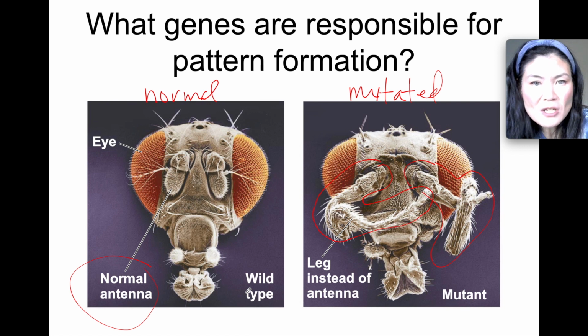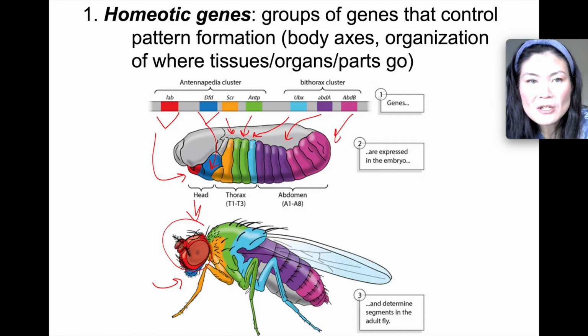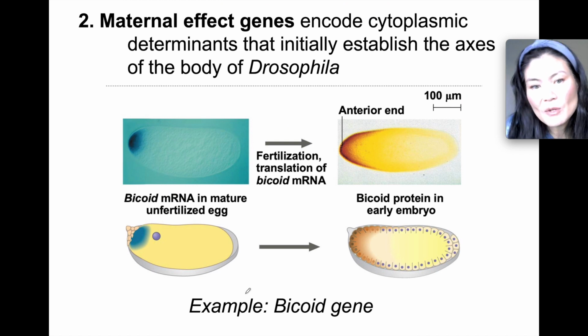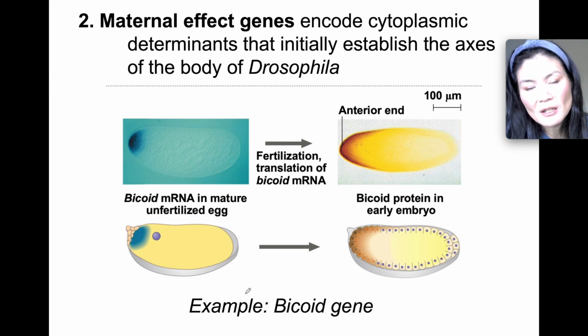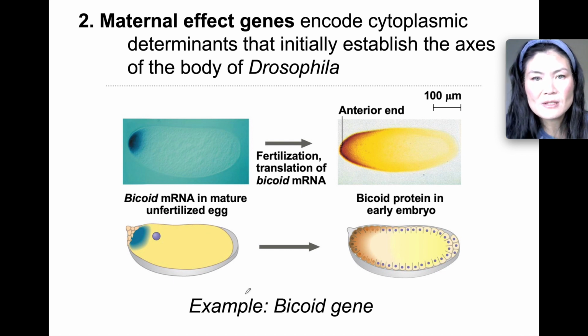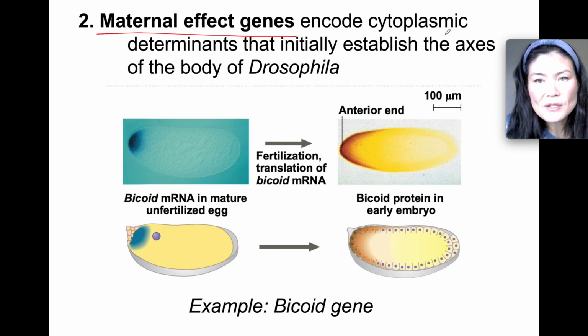So what genes are responsible for pattern formation? Homeotic genes, and also maternal effect genes. And we've already talked about the bicoid gene, which is going to give body axes information. Where is the anterior or posterior end of our organism? The maternal effect genes encode for the cytoplasmic determinants, like the bicoid protein.